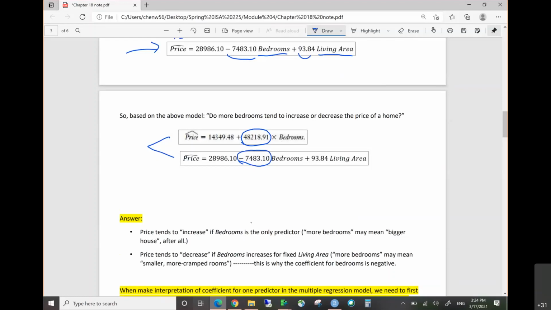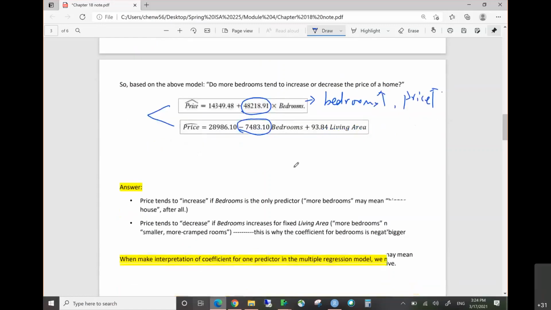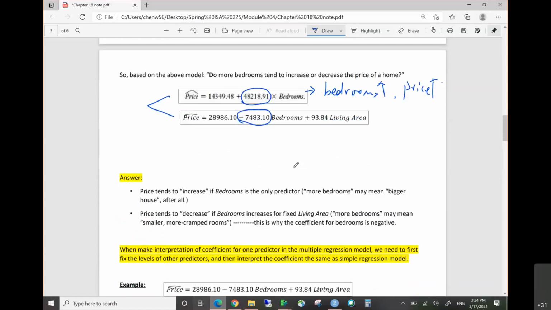If we have the simple linear regression, that means if the number of bedrooms increases, the price of the house also increases. It makes sense, because if you have more bedrooms, the house will be bigger, so the house price will increase.